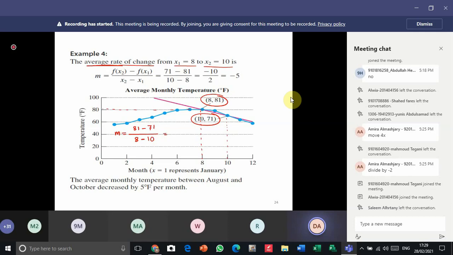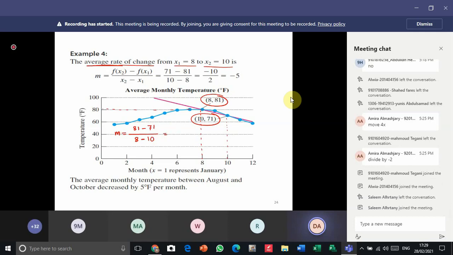This equals 10 over negative 2, which is negative 0.5. This is the average rate of change from x1 to x2. Okay, this means the slope. So we can find the slope, or the average rate of change, with this formula.